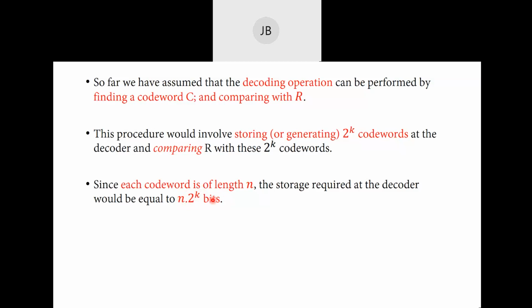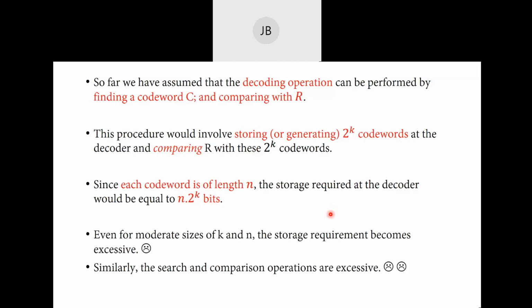The current decoding operation is more complicated in terms of storage as well as the number of comparisons required. How many comparisons and how much storage are required is mentioned here. This is more complicated because we need to do more comparisons and we need to have more storage space. That is all difficult.